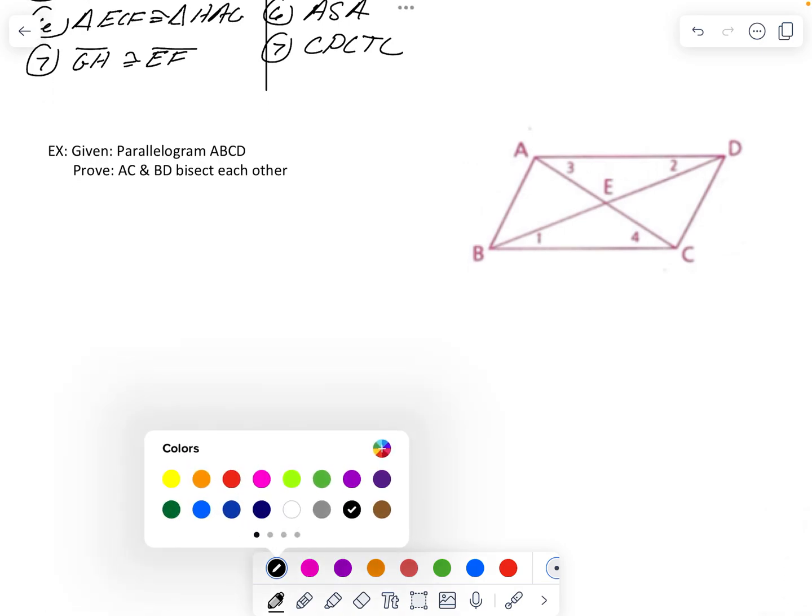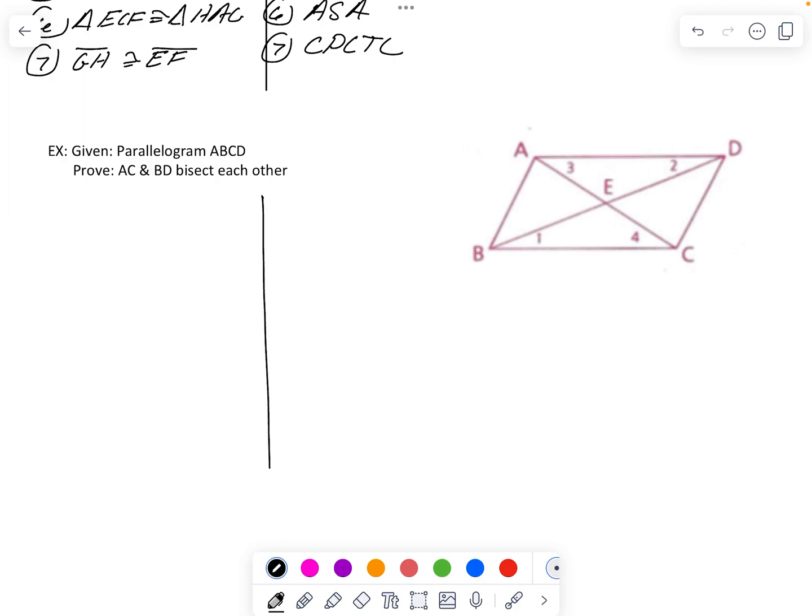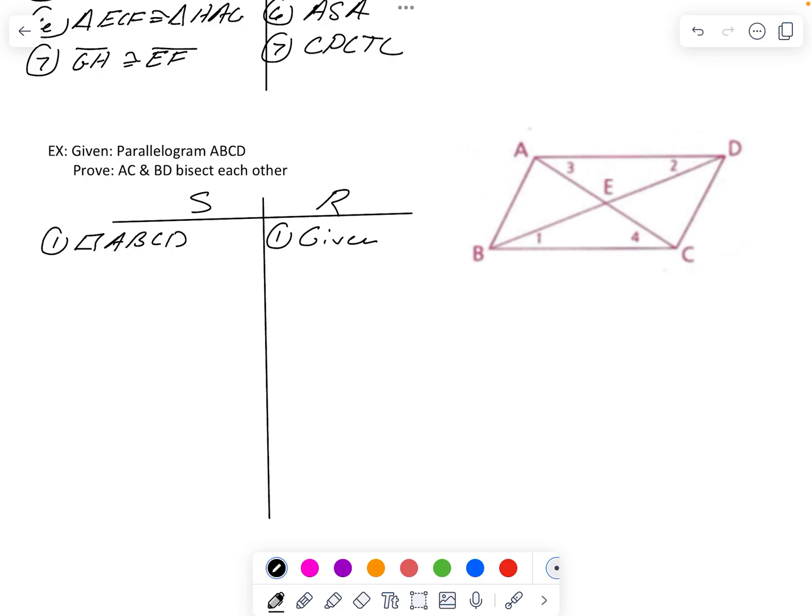We are given parallelogram. In fact, that's all we're given is parallelogram ABCD. So parallelogram ABCD given. Now, we want to prove, and this is where it gets a little tricky, that AC and BD bisect each other. So notice that's one of our 5 properties of parallelograms. So we can't just say, oh, it's true, done. No, we can't use this property to prove it, okay?